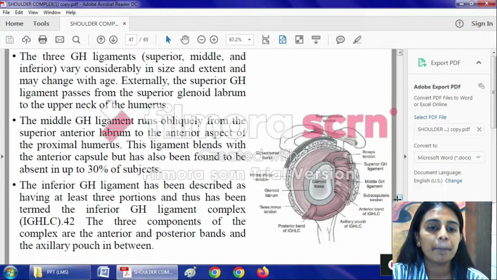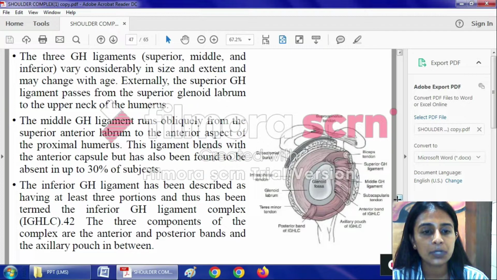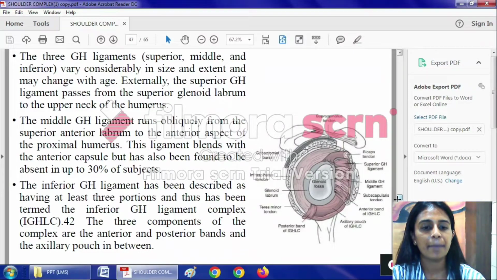This ligament blends with the anterior capsule but has also been found absent in up to 30% of subjects. The inferior GH ligament has been described as having at least 3 portions and thus has been termed the inferior glenohumeral ligament complex. The 3 components of the complex are the anterior and posterior bands and the axillary pouch in between.